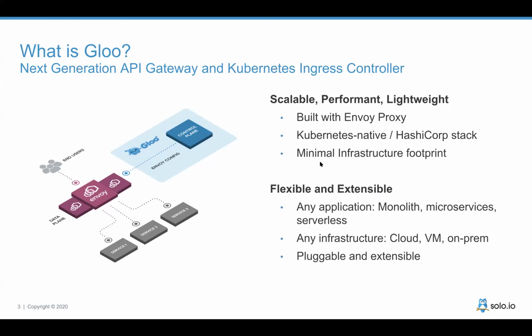In addition to Envoy, there are some key characteristics of Gloo. One, we're cloud native. We designed from the ground up with the new cloud primitives, new Kubernetes primitives in mind, meaning that Gloo is stateless. It's backed by CRDs if you're deploying in a Kubernetes environment.